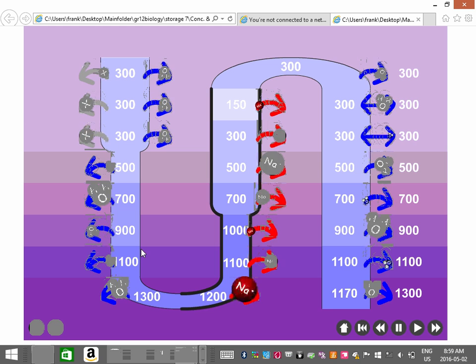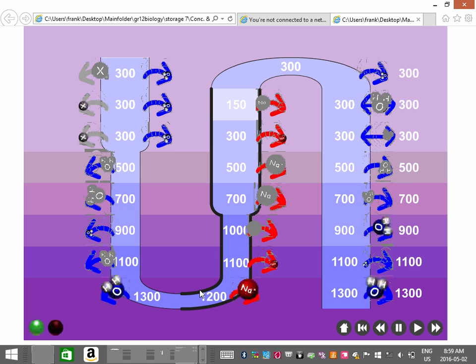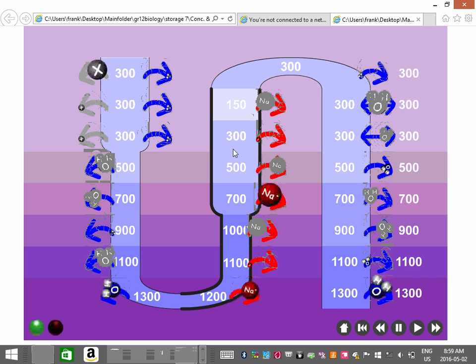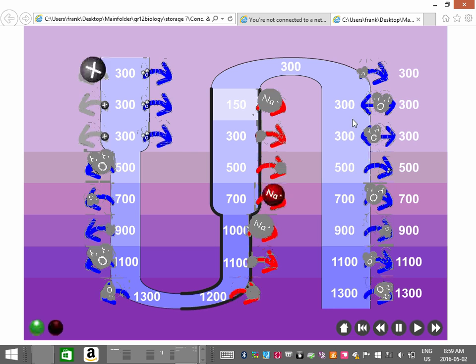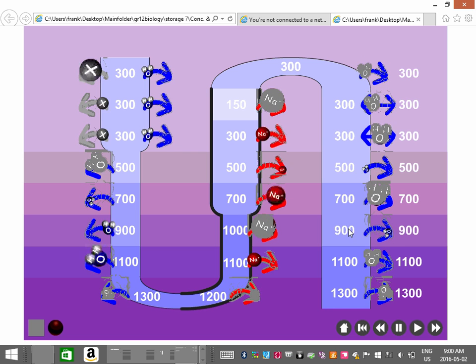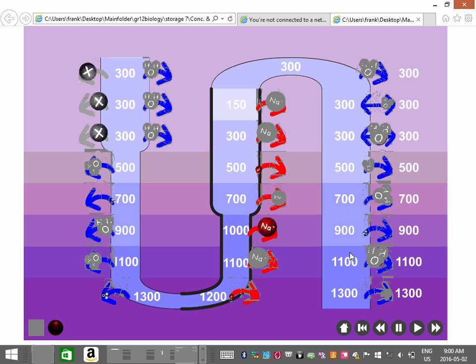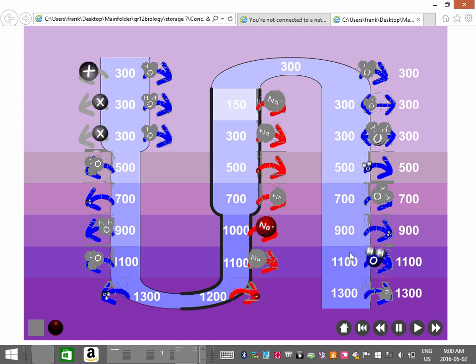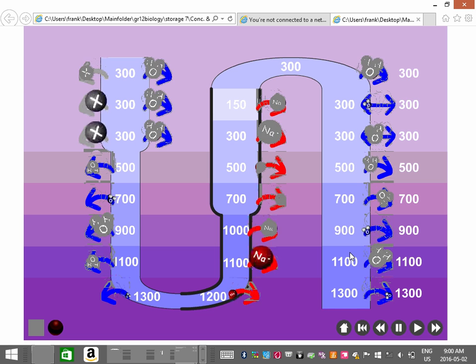So the difference between well-hydrated and dehydrated is in well-hydrated, you're basically using these two parts. Okay? Whereas when you're dehydrated, you're also using the collecting duct, using the descending, ascending, and the collecting duct.